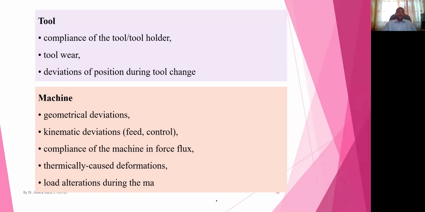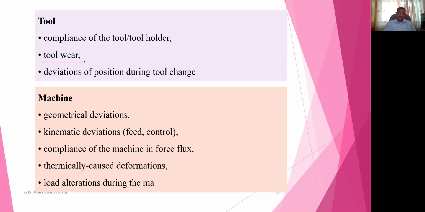Tool: the compliance of the tool and tool holder. What type of cutting tool you are using, what type of tool holder you use, can determine the geometrical errors or the form errors on the machined surface. The tool wear: does the tool easily have flank wear or crater wear, or is the tool wear more or less?